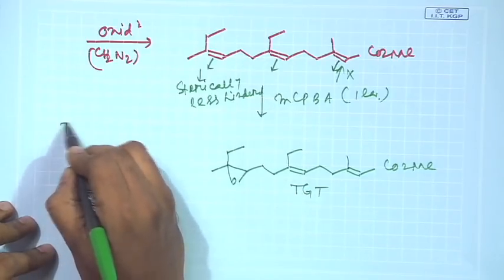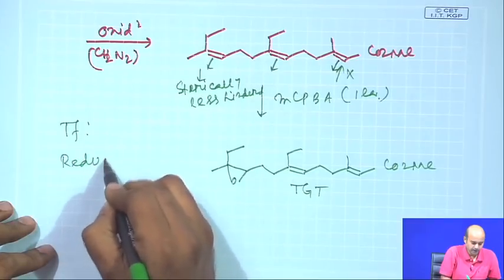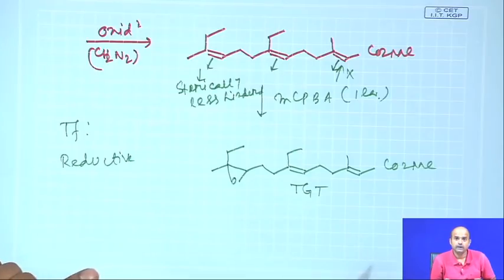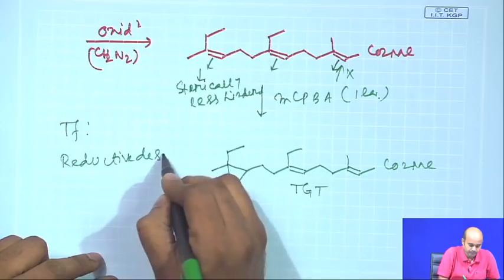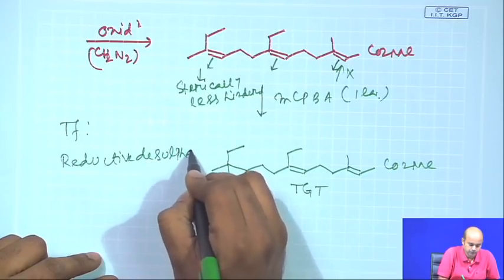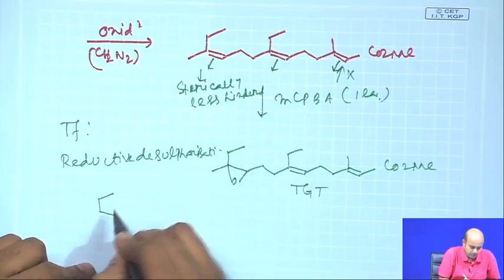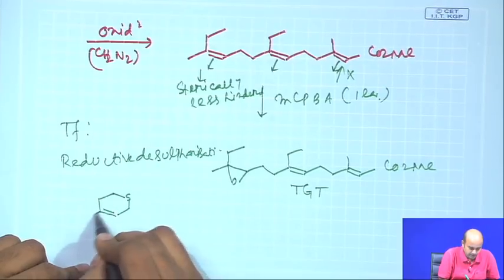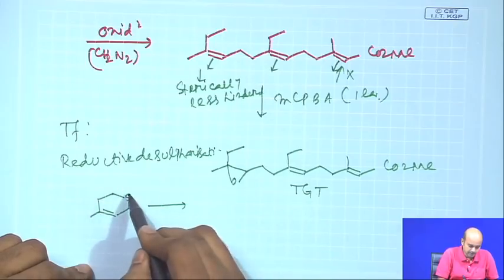The transformation which is used is basically a reductive desulfurization, as I said, and remember this sulfur is basically acting as a temporary connection. Reductive desulfurization we used, and as I said, the crucial reaction is basically this sulfur which we are removing.